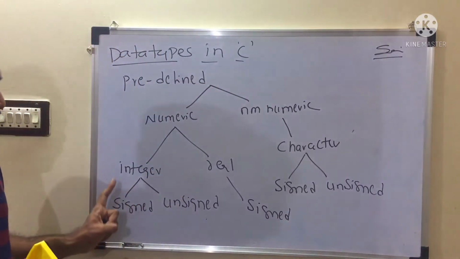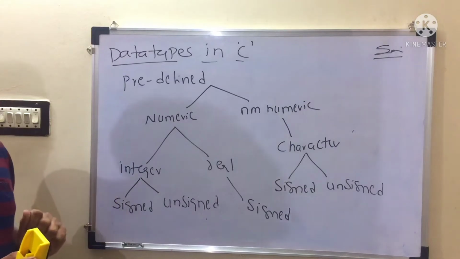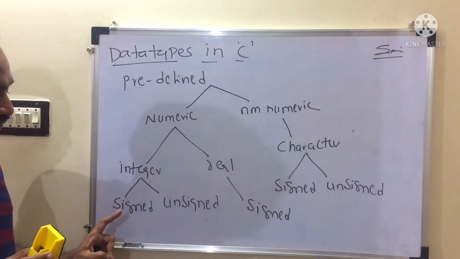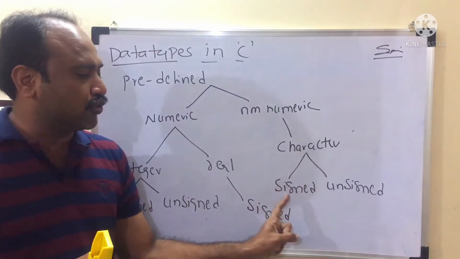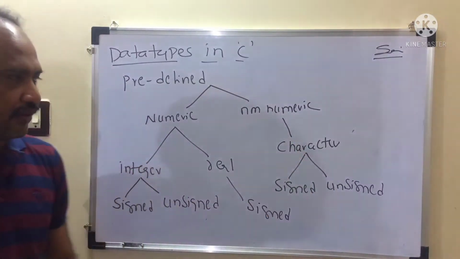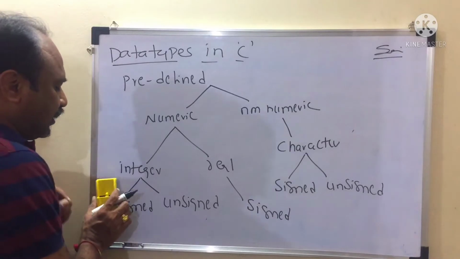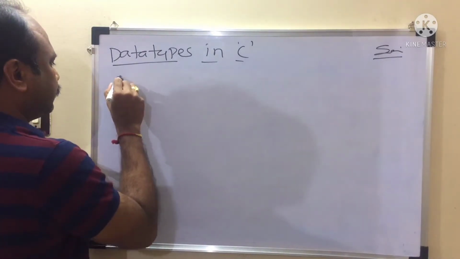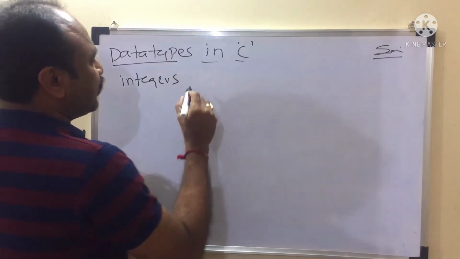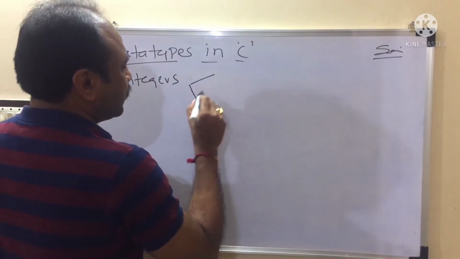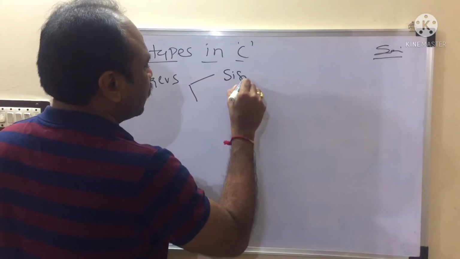First of all we talk about integers. Integers have two types: signed and unsigned. Real has only signed. Character has both signed and unsigned. In integers we have two types, signed and unsigned.